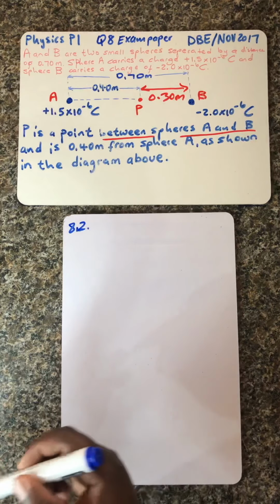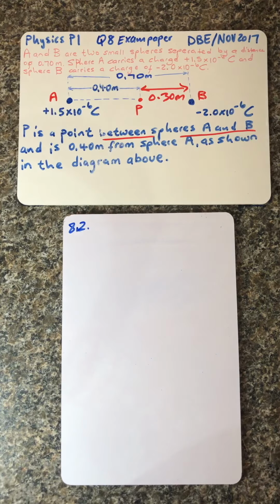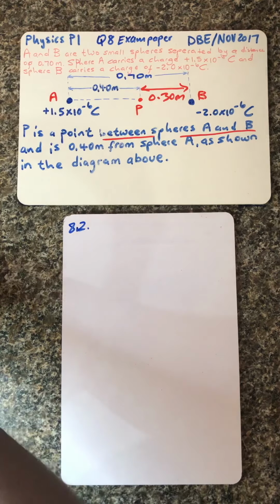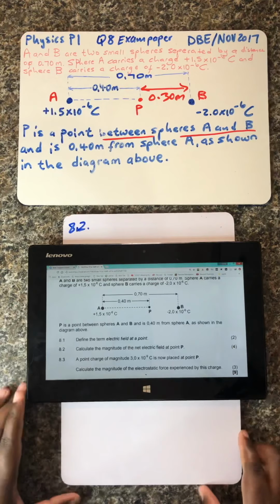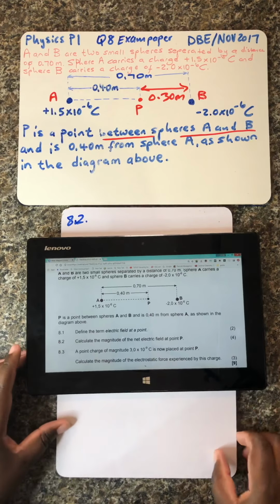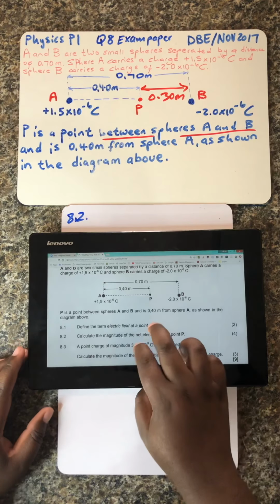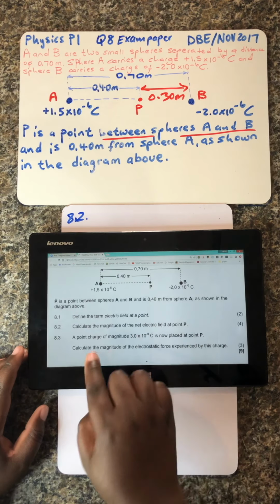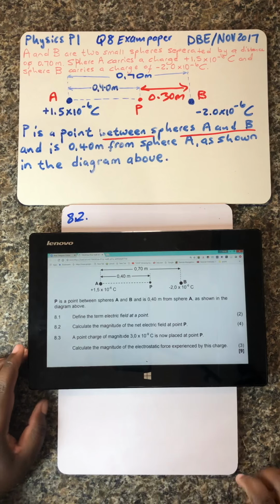Okay, guys, so now let's move to question 8.2. I'm just going to read the question as I did on the previous question. The question says, calculate the magnitude of the net electric field at point P. And this question is allocated 4 marks.